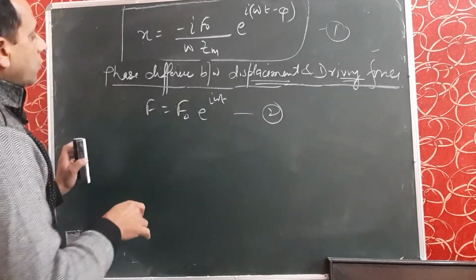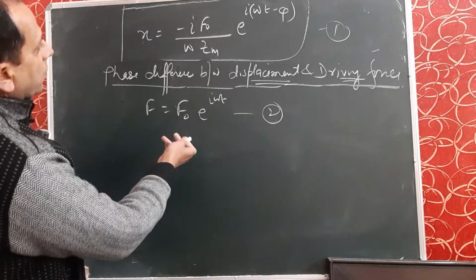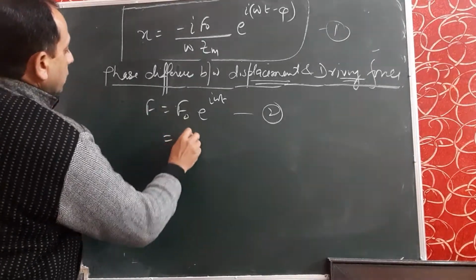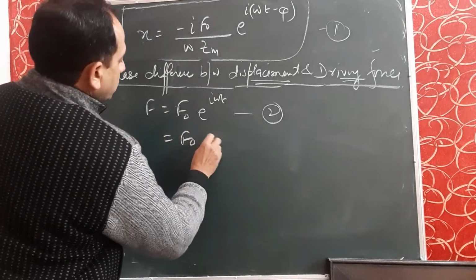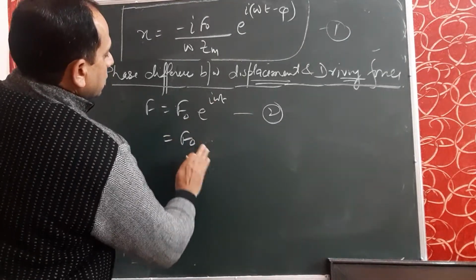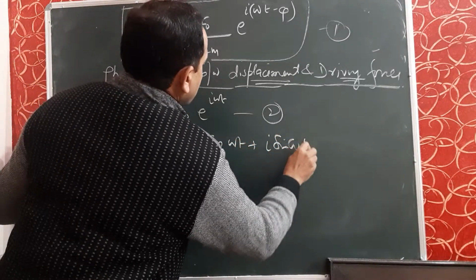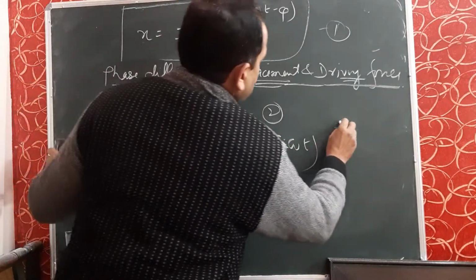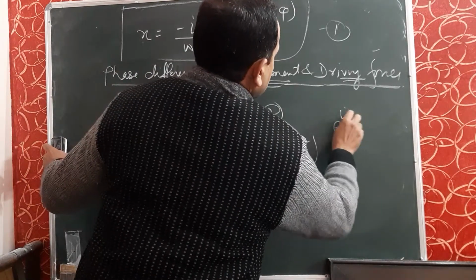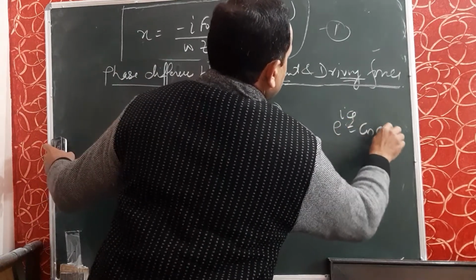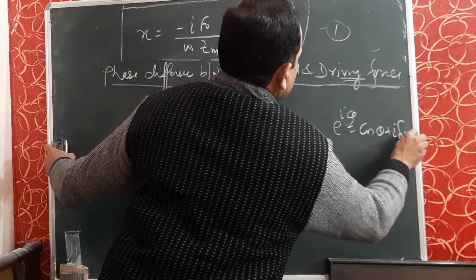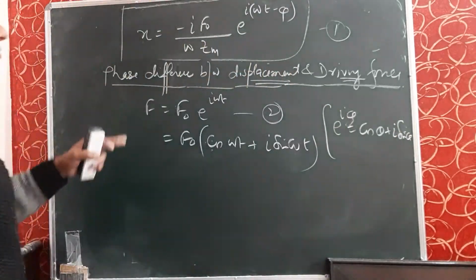So first of all, we can resolve this F as F naught e raised to power iota omega t is cos omega t plus iota sin omega t. You know that e power iota theta is equal to cos theta plus iota sin theta, so I have used this formula.